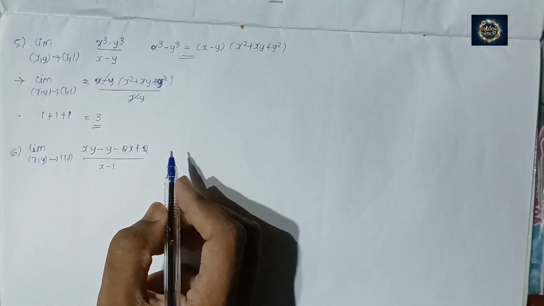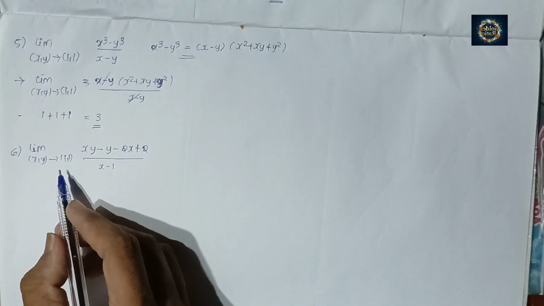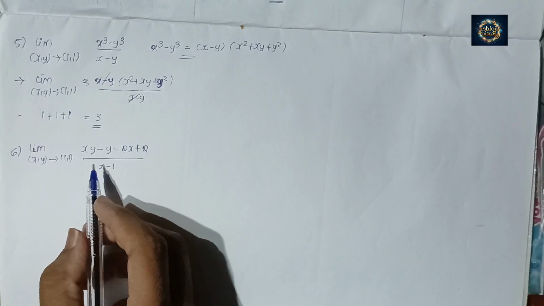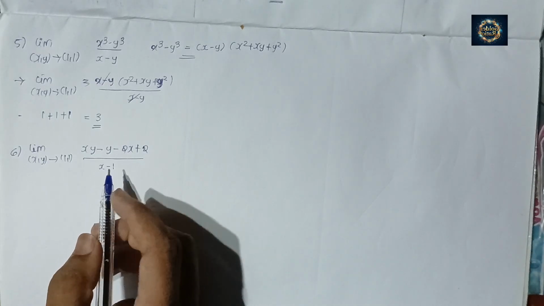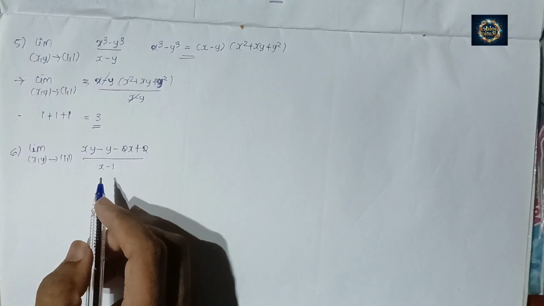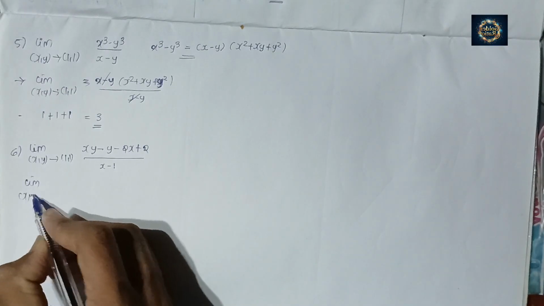So this is the last question under this part. Here also we can see that when we directly substitute x and y, it leads to 0 by 0 form. So I have to do some rearrangements. Here I am writing the limit once again.